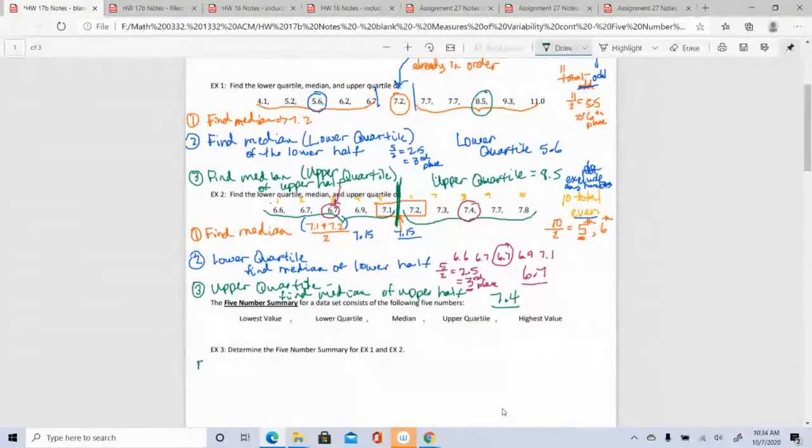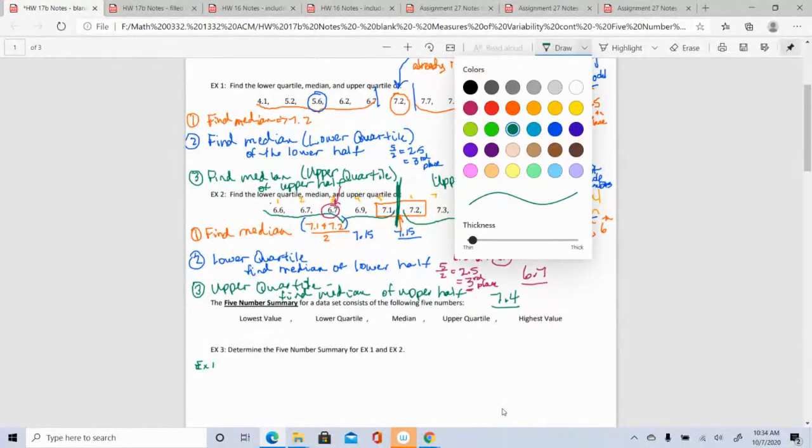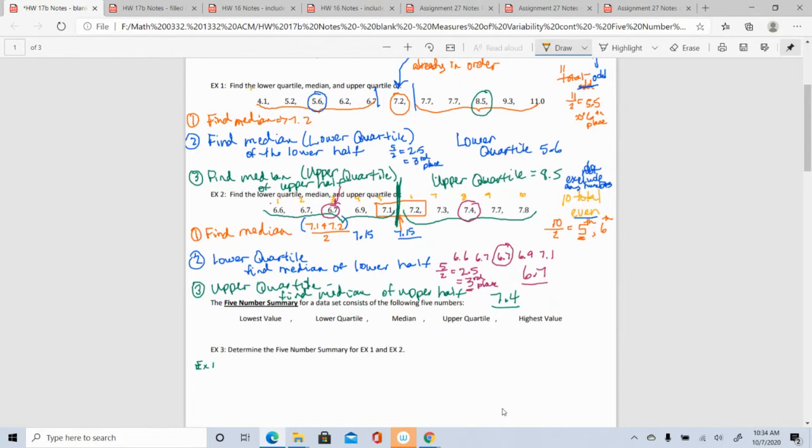For example 1, we're going to look at the lowest value that it has. In fact, I think I should just go ahead and circle what we're talking about on here, or maybe I'll put a square around it. So the lowest value, remember we already made sure they were in order, is going to be 4.1.